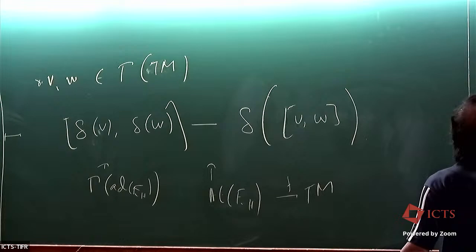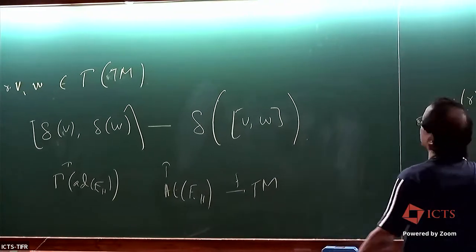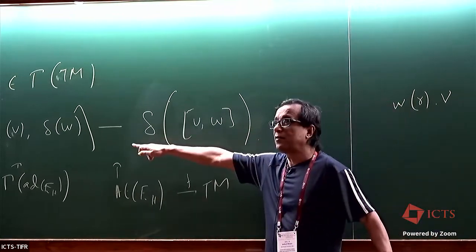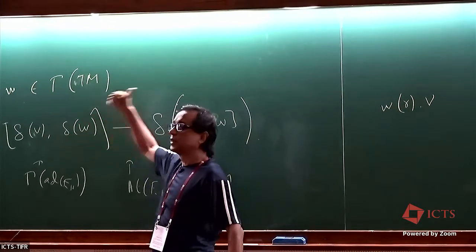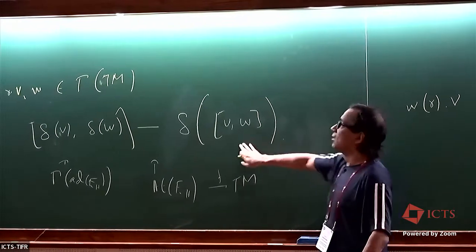W acting on gamma times V. That vector field comes out by the Leibniz rule. And on the other factor also, because this Lie bracket was obtained from the Lie bracket of vector fields. So the same object comes out, and they cancel off.